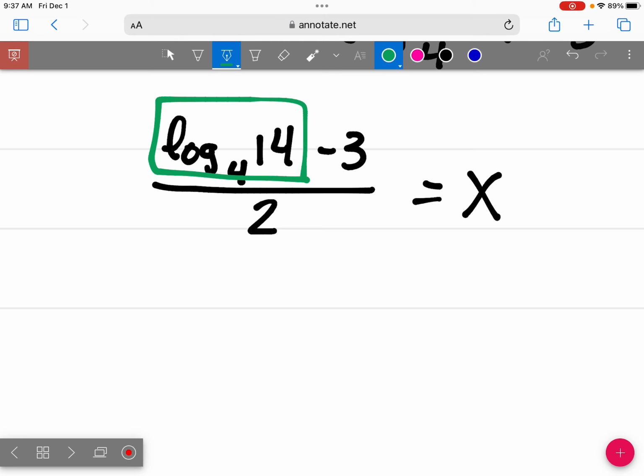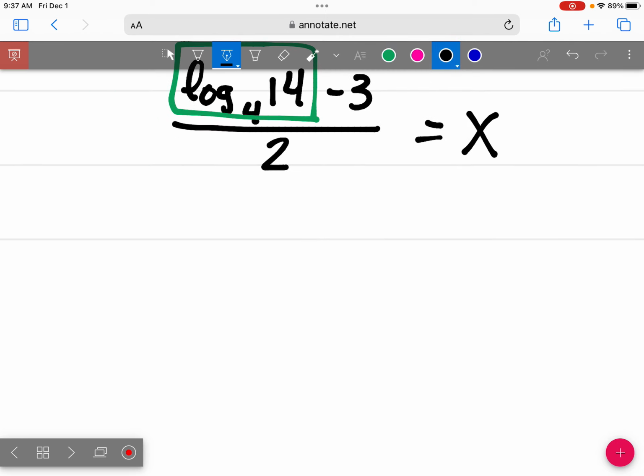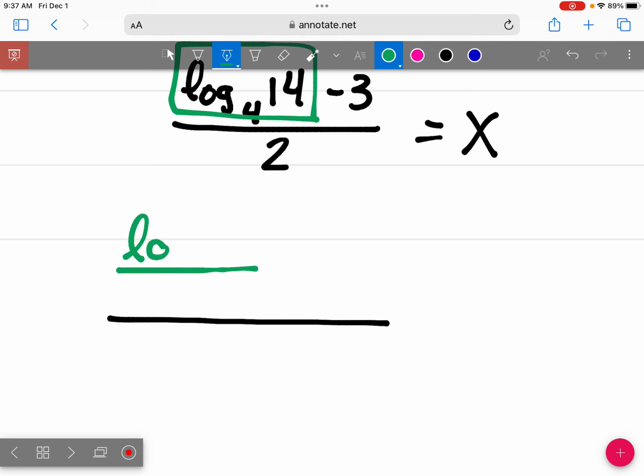I tend to write log, but if you want to write ln, as long as you make the same choice in the numerator and denominator, it does not matter. Because we are going to take that log base 4 of 14 and change it to log of my argument over the log of my base. Argument over base. Now that I can type in the calculator.